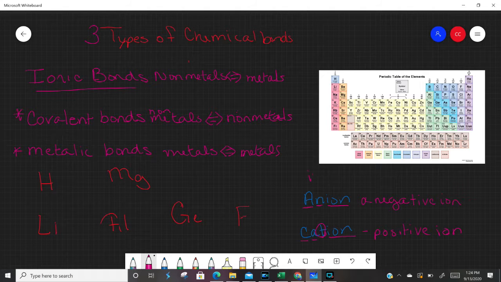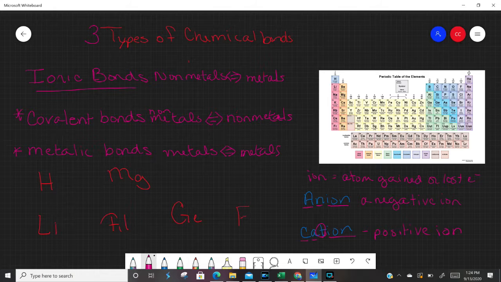So an ion is an atom that has gained or lost an electron. An anion has a negative charge, so it has gained an electron. Electrons are negative, so that means we have more negativity. A cation is a positive ion. It has lost a negative, so it is now positive.